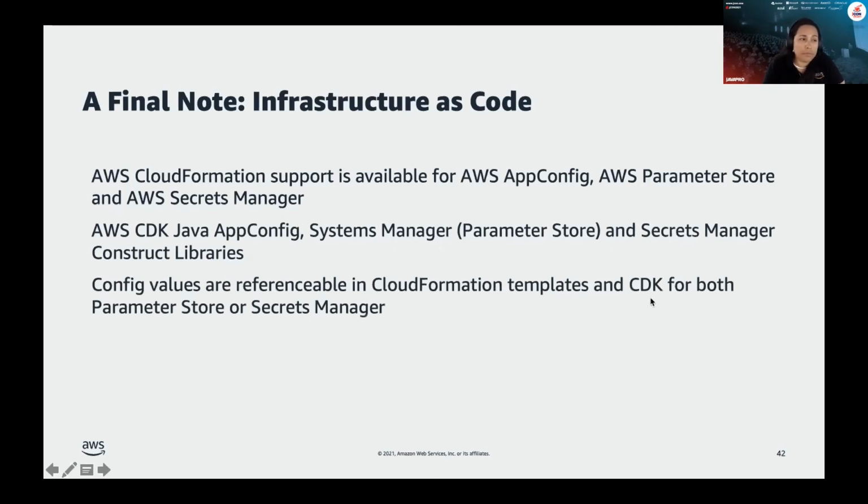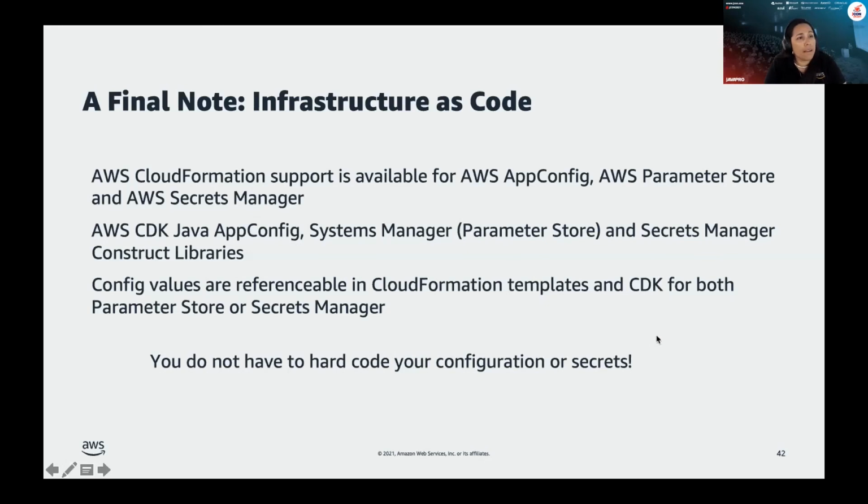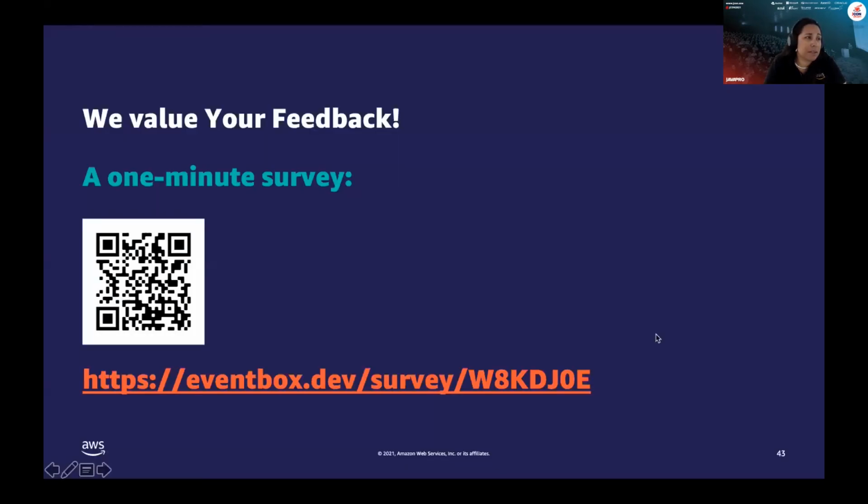So through both of those services, you never have to hardcode configuration or secrets when you roll out cloud configuration or infrastructure for your application. So please use that. That's the best practice.